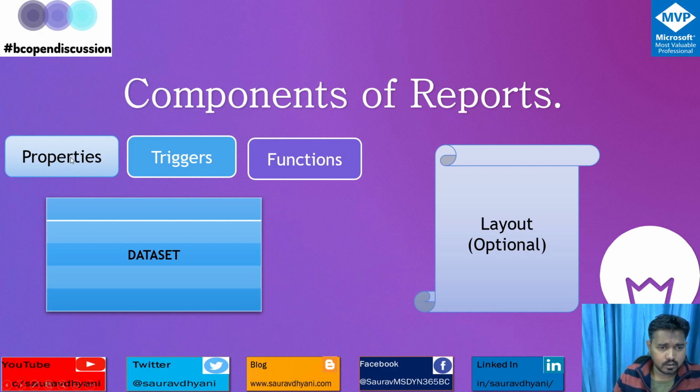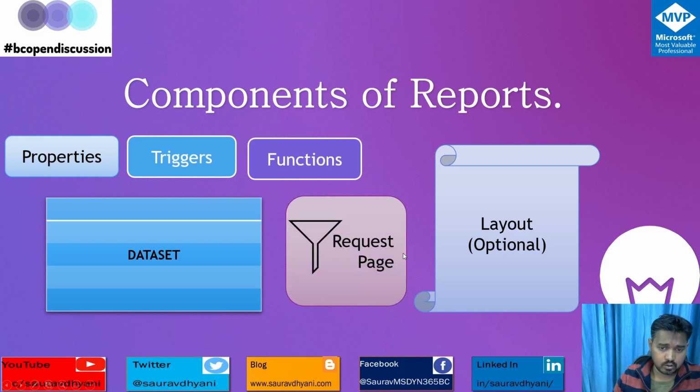With all these different components, a data set is built and fed to the layout to generate a printable output. But there is one more important component, which is the request page, which allows the user to filter or limit what kind of data will be generated when the report executes. We'll understand all these parts as we go through this video.